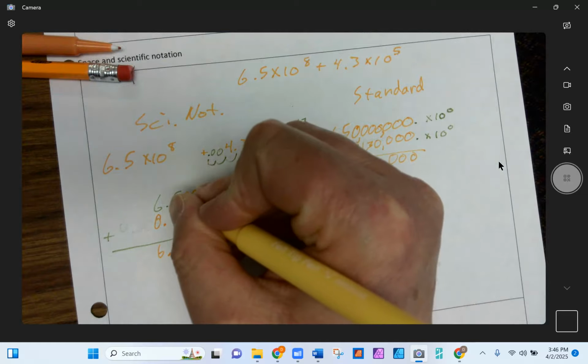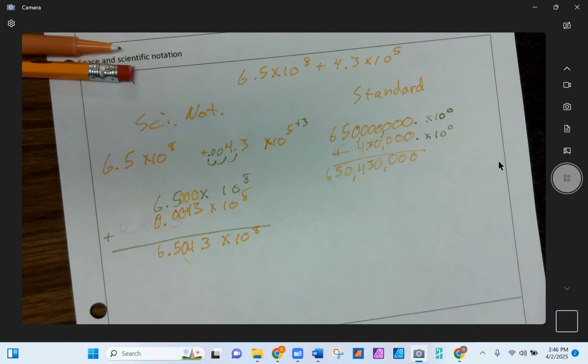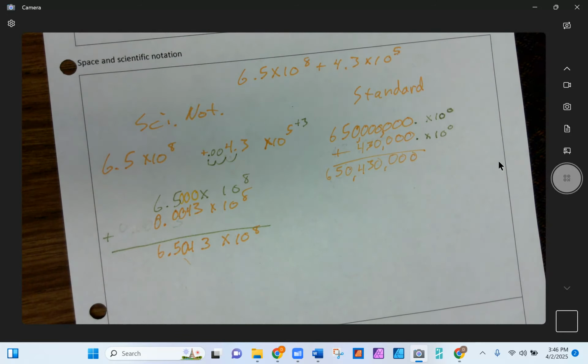Yep, that's right. So there should be an extra 0 right there. Sorry. Okay, cool. So that's kind of the idea, conceptually, why we do this shifting of our decimals left and right, and how we move our exponents up and down as we do one or the other.